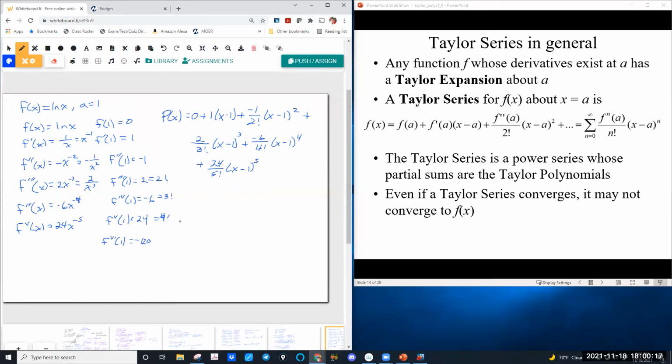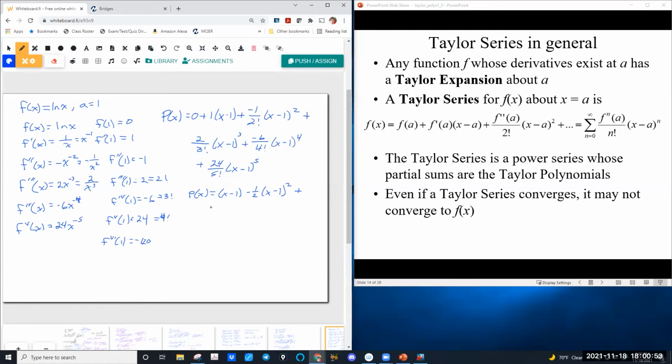Now let's see if we can simplify this thing a little bit. We don't need the 0. We don't need to write out the 1. So we have x minus 1 minus 1/2. 2 factorial is just 2, over x minus 1 squared. 2 over 3 factorial. 3 factorial is just 6, or this is 3 times 2.